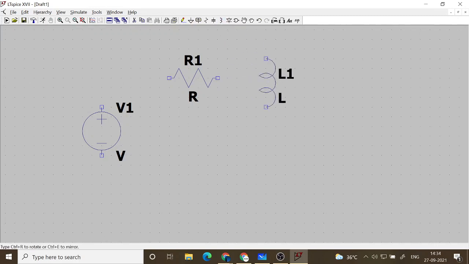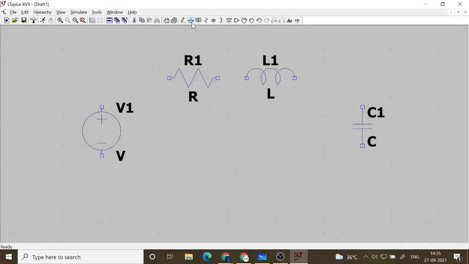Then L. Also, if you do Control R, you can rotate it. Then you take one capacitor. This capacitor you can keep like this, so the label should be above. That way you keep all the components.